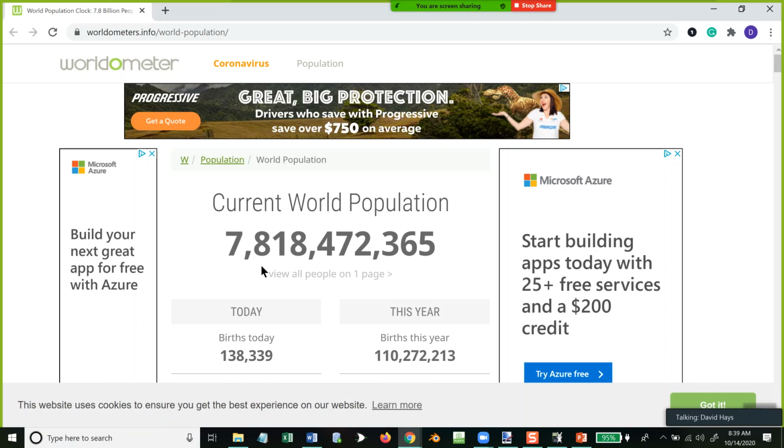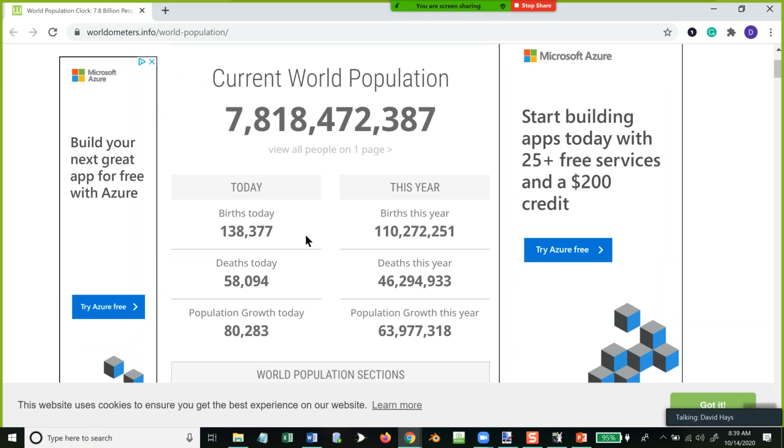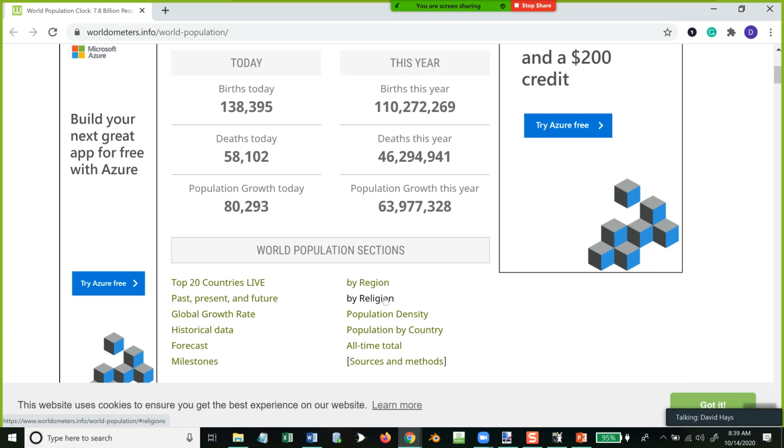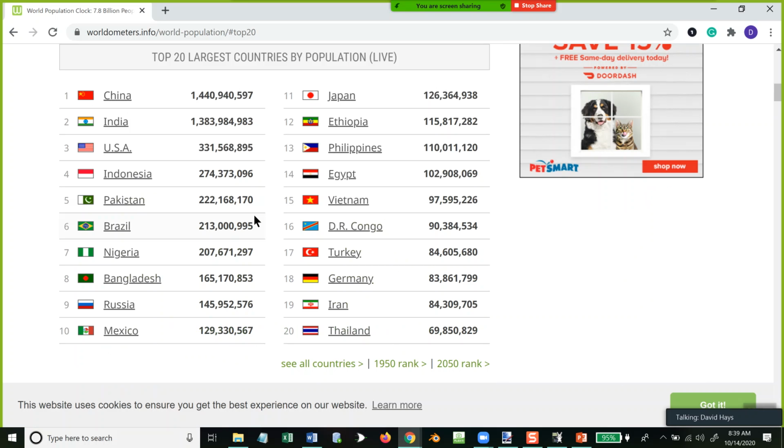It's a lot of people, and you see how much it's increasing here. Births today, births this year, deaths today. Top 20 countries.